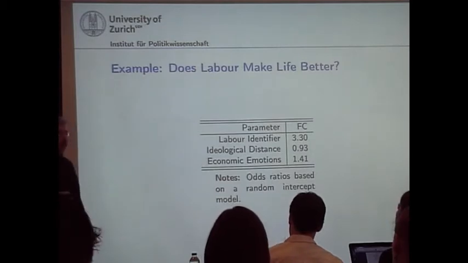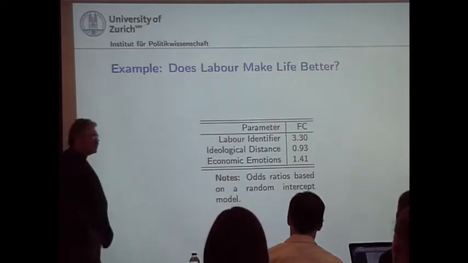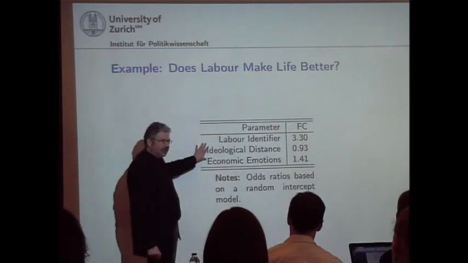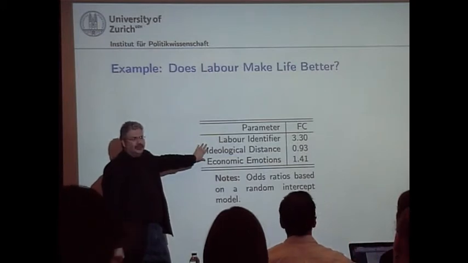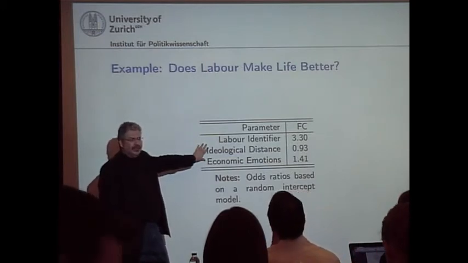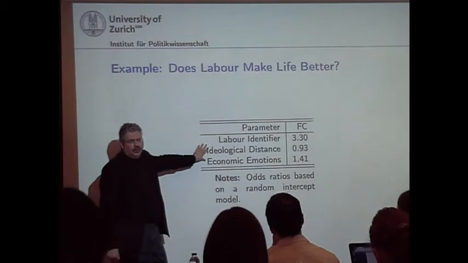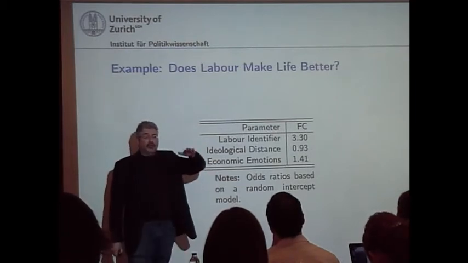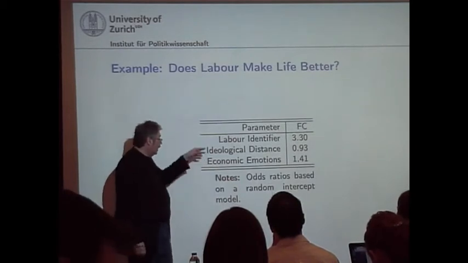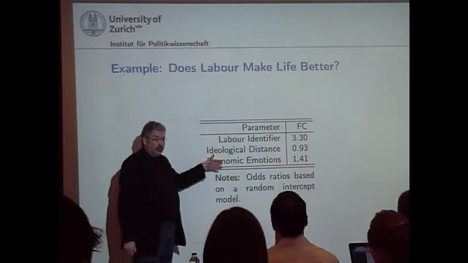There's a reason for that. Because it turns out once I include these predictors, the variance in the cut points, so the delta 0j variance, basically goes to 0. That can happen. Because variation in the cut points can come about also by individual level variation.